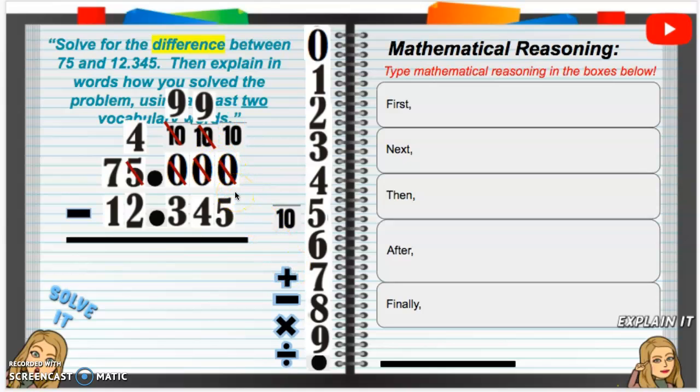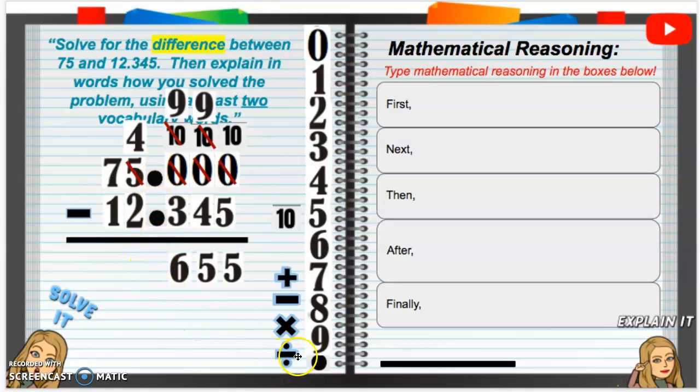Okay, so now, thank goodness we can subtract. 10 minus 5, we know that's 5. So I'm going to put that 5 down here. 9 minus 4, I know that's 5. 9 minus 3, I know that's going to be 6. What do I do with that decimal?